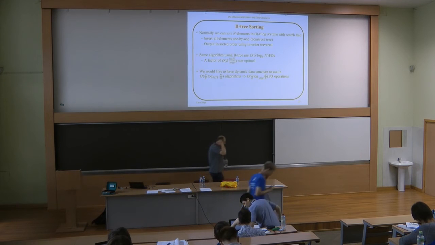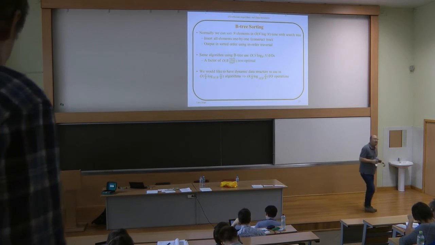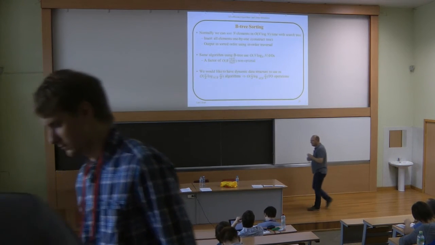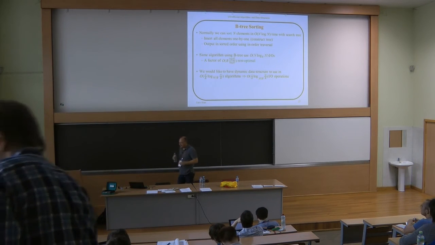So now we saw B trees, or these trees with big fan out, where I rebalance by splitting and fusing nodes, and I got this nice log base B of n update and query bound that I say is optimal.